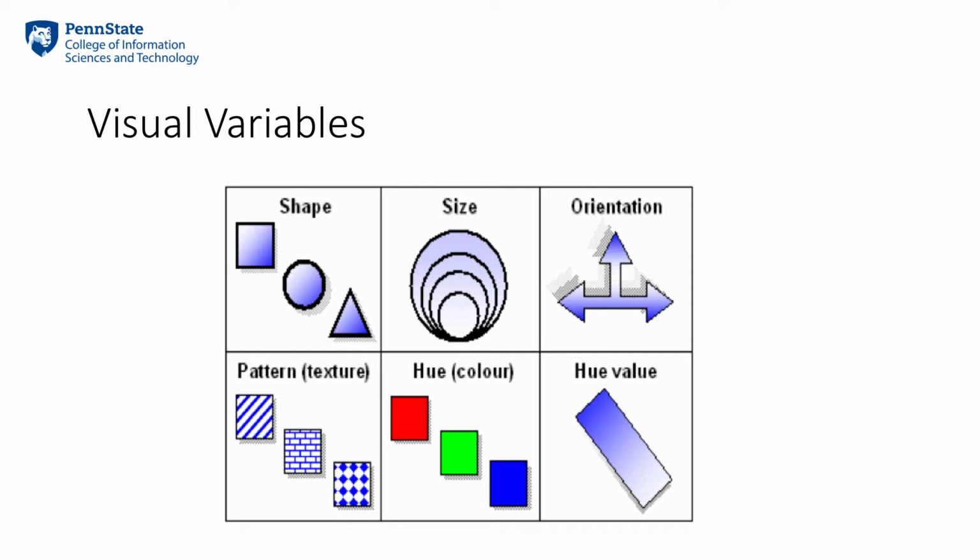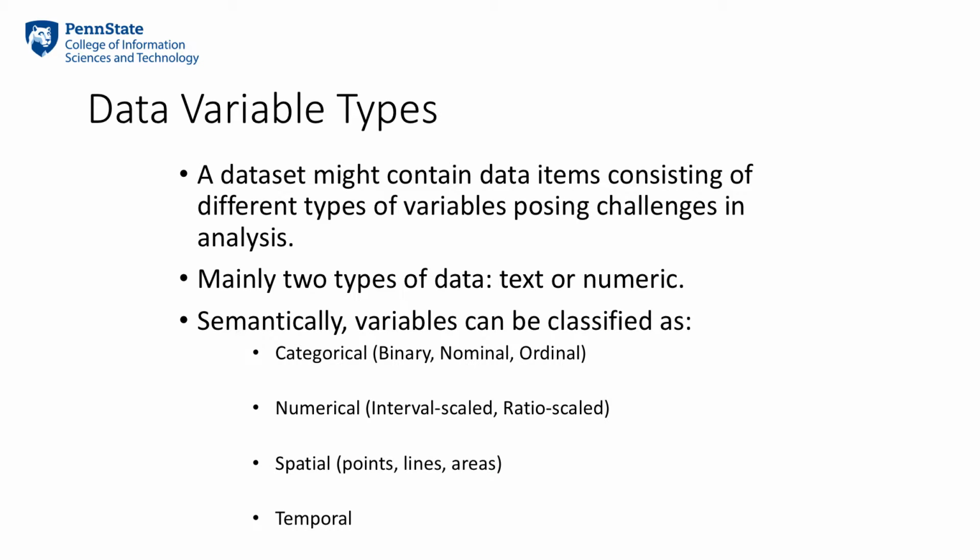If we know the type of data we're trying to map, then we can start to select the right visual variables for representation. Although there are no fixed rules for doing that, there are certain guidelines. For example, categorical data can be mapped to different shapes, but numerical data is very hard to represent as shapes.